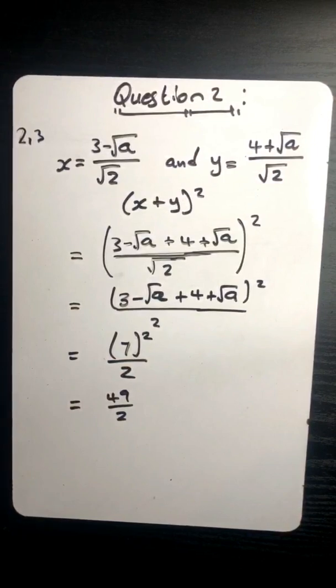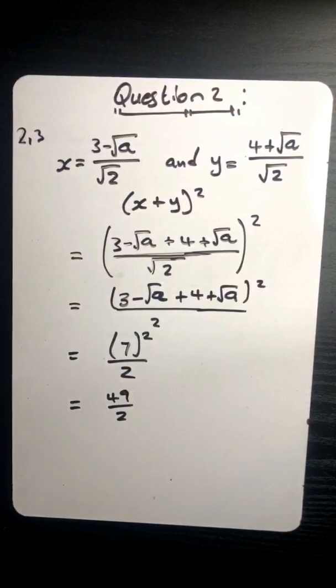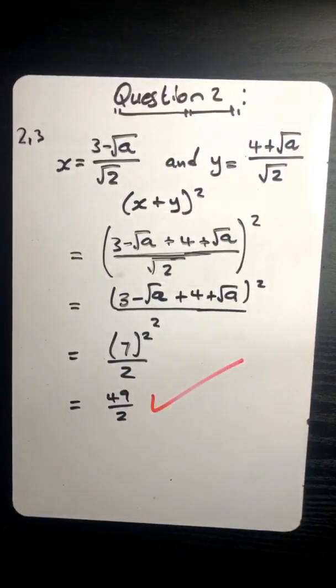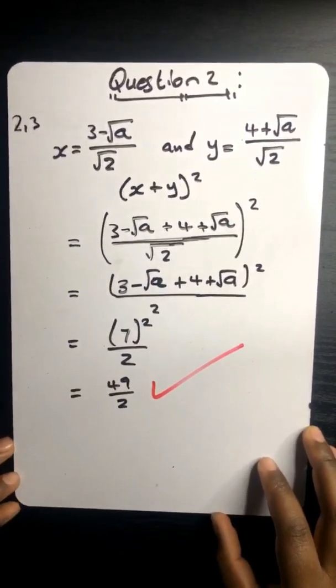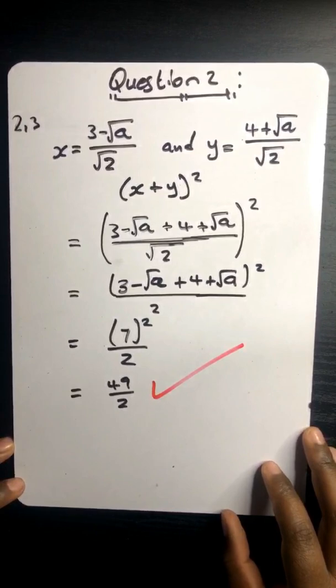You are 100% correct, Ntombo. 100% correct. I'm not sure if you guys disagree with what she has done over there. I think she hammered it. Do you guys want to prove it?